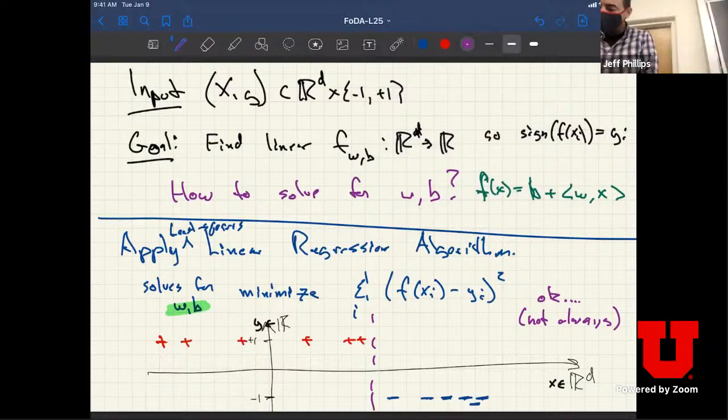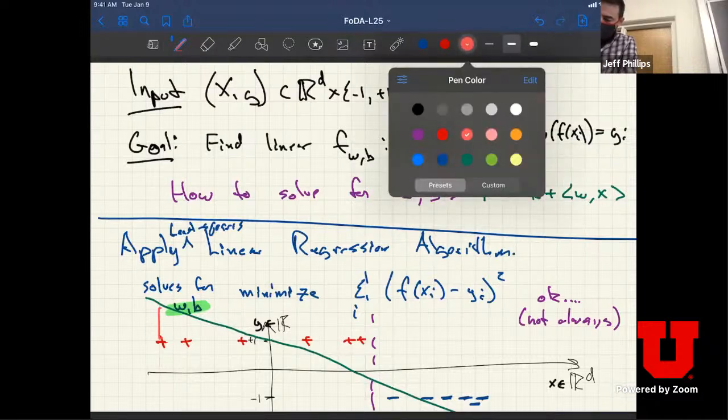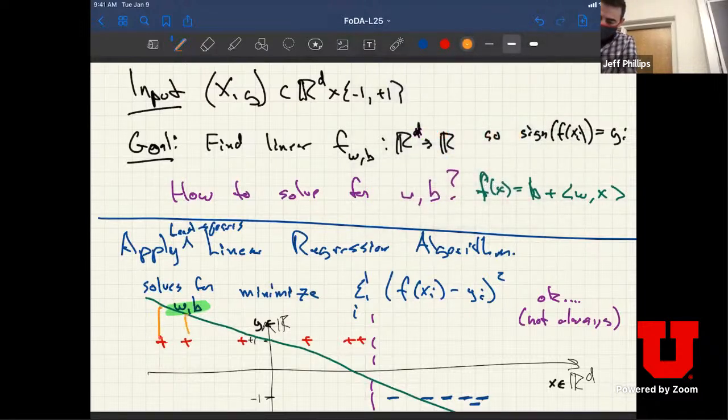I could potentially find this great half space, but what a linear regression model will do is find a linear function that might look like this, trying to minimize the sum of the squared errors, the sum of these residuals.